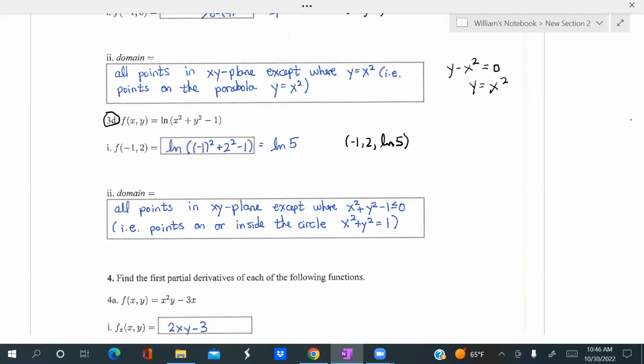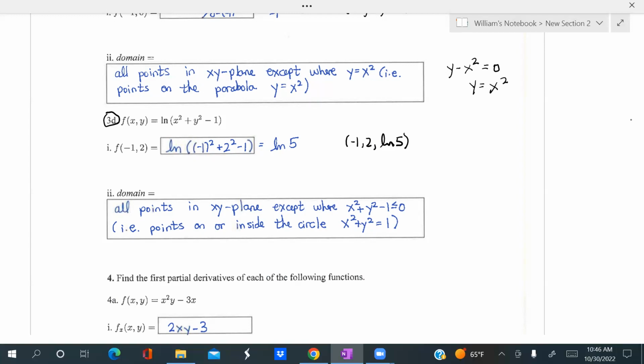So what that means is that we have to exclude from our domain points where x squared plus y squared minus 1 is less than or equal to 0. When the expression inside the natural log turns out to be either negative or 0, you can't take natural log of it, so we cannot evaluate this function of two variables at those points.